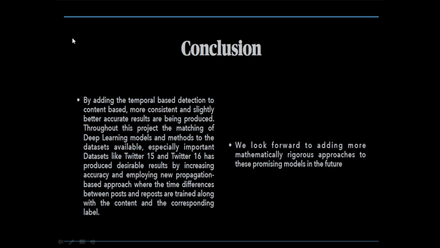By adding temporal-based detection to content-based detection, more consistent and slightly more accurate results are produced. Throughout this project, matching deep learning models and methods to the available datasets, especially important datasets like Twitter 15 and Twitter 16, has produced desirable results by increasing accuracy and employing a new propagation-based approach where the time differences between the posts and the reposts are trained along with the content and the corresponding labels.